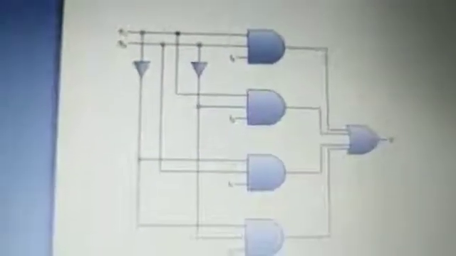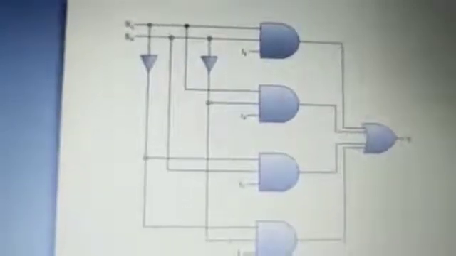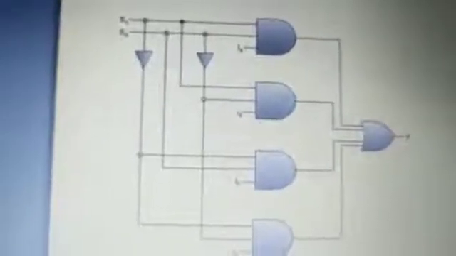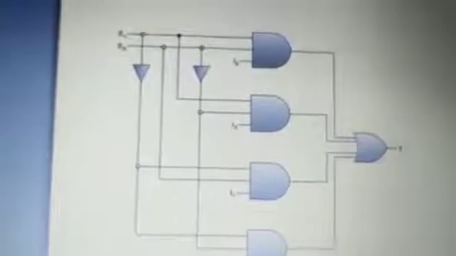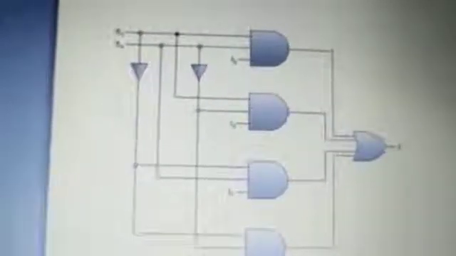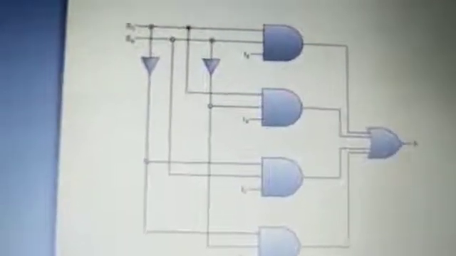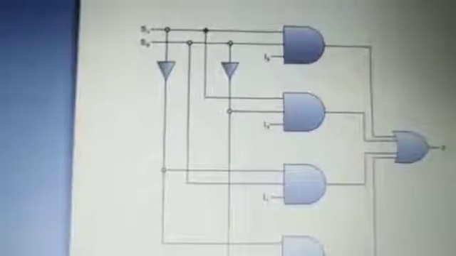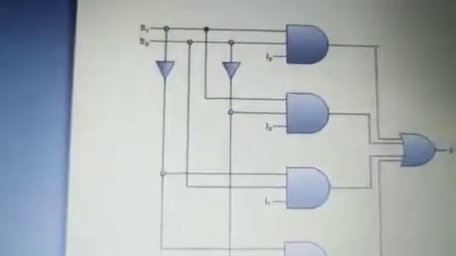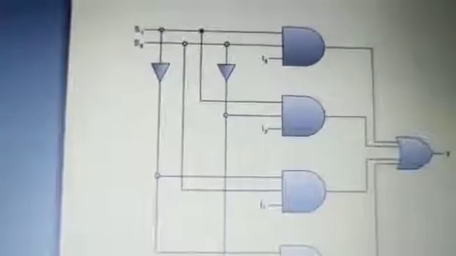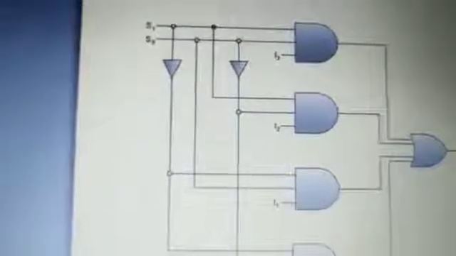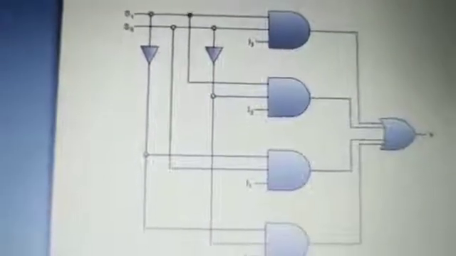So the first one is showing what? For I3, S1 is passing 1 and S0 is passing 1, so we will get I3. For I2, S1 is 1 but for S0 we are getting the bar value from the NOT gate, so it gets the input I2.